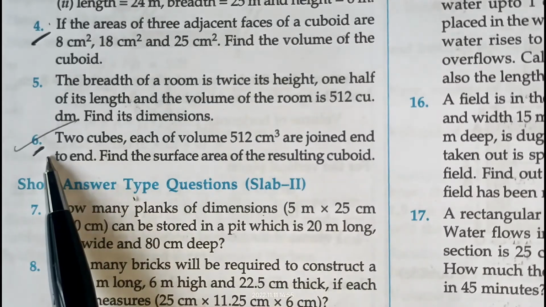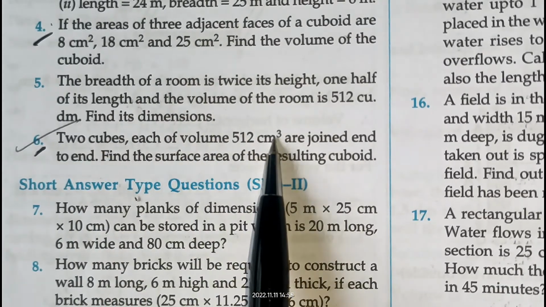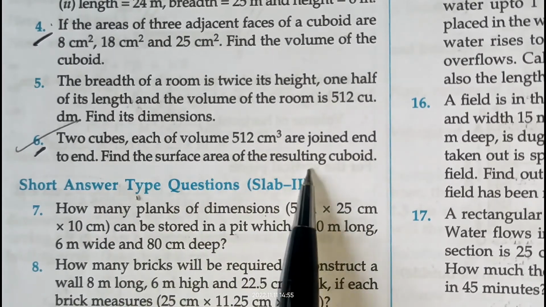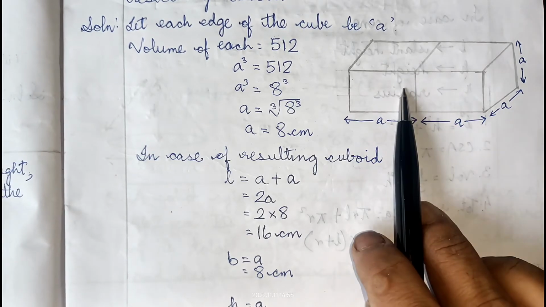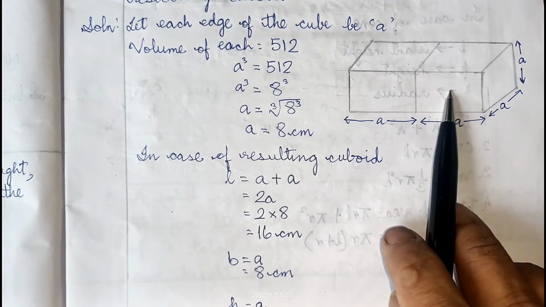In question number 6 it is given 2 cubes each of volume 512 centimeter cube are joined end to end. Find the surface area of the resulting cuboid. Now as given in the question, 2 cubes each of volume 512 centimeter cube are joined end to end.